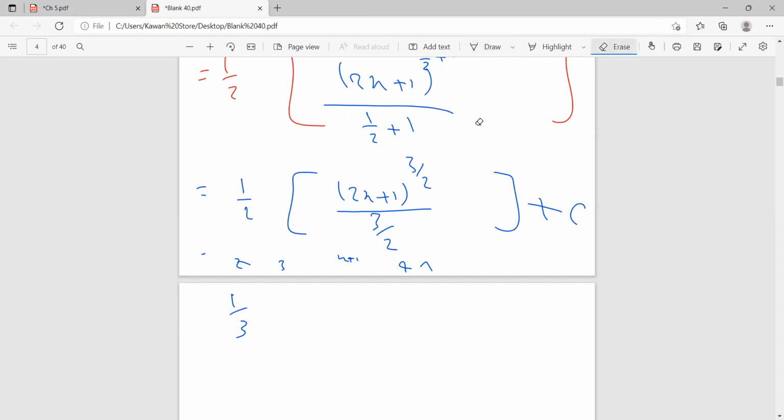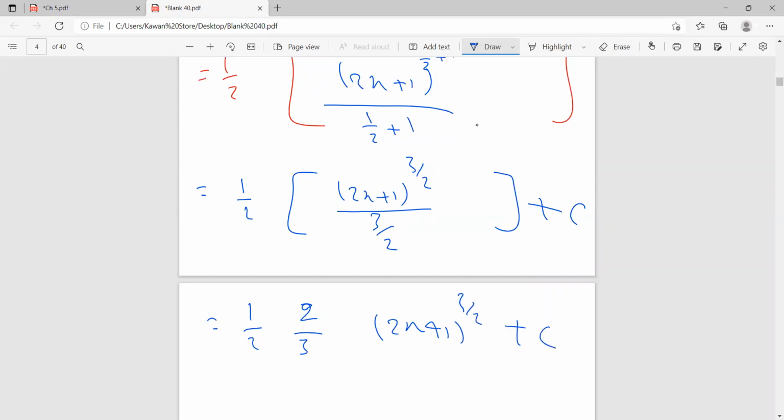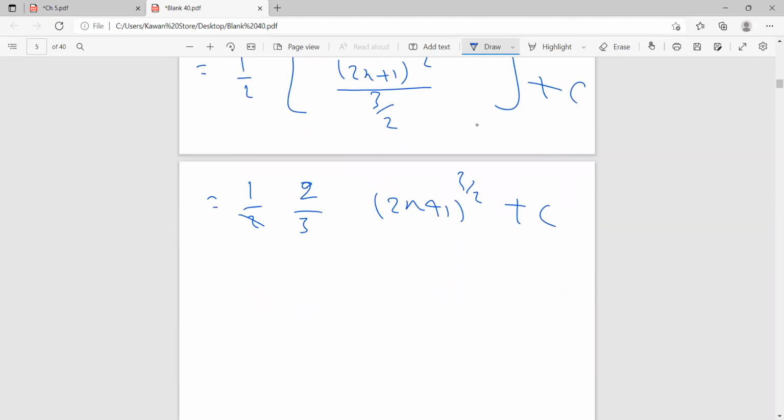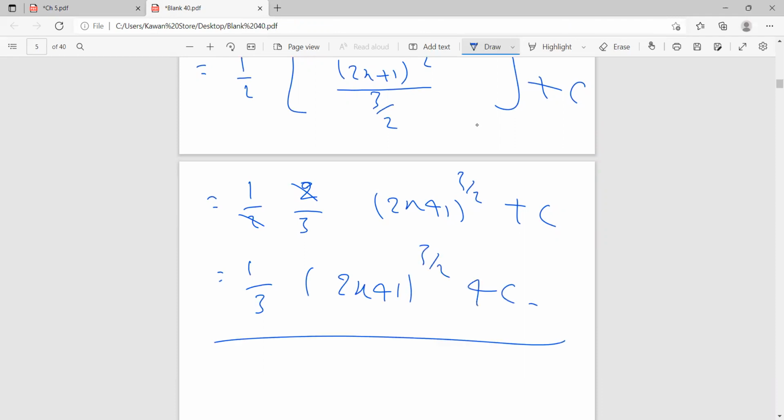Let me do it for you because it's the first time, maybe you needed more information. The integral is equal to 1 over 2 times 2 over 3 times (2x plus 1) to the 3 over 2 plus c. Now we cancel that one, so you'll get 1 over 3 times (2x plus 1) to the 3 over 2 plus c. That's one.